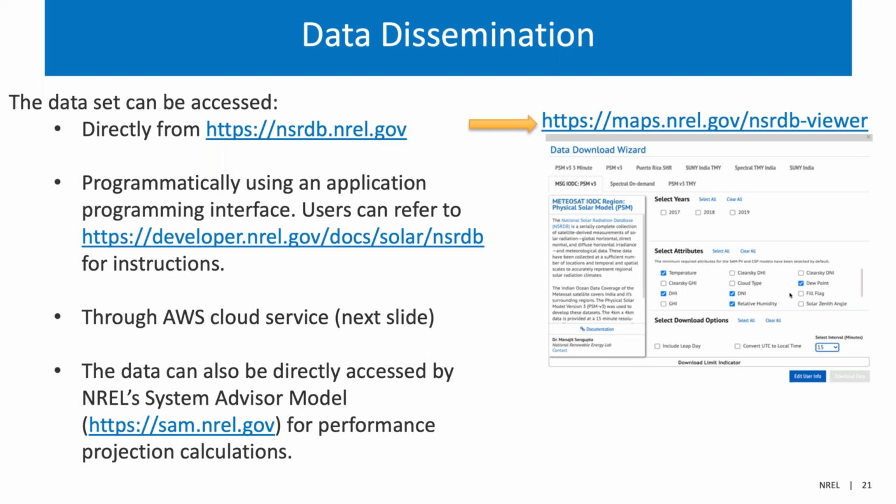The final method that we're highlighting here is that the NSRDB is also offered as an input data source in the System Advisor Model developed at NREL, which you can use fairly seamlessly if you're using SAM. NSRDB is available without much extra effort there. Next slide, please.